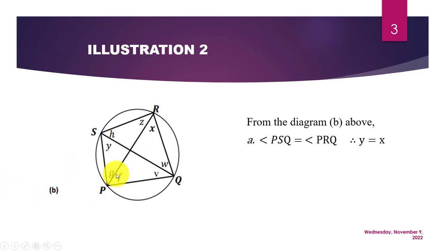Angle PSQ is located here, that is angle Y. And angle PRQ is located at the point R, that is angle X. Since angle PSQ and angle PRQ are subtended by the same chord, which is chord PQ, we say the two angles are equal. Therefore, angle Y is equal to angle X.